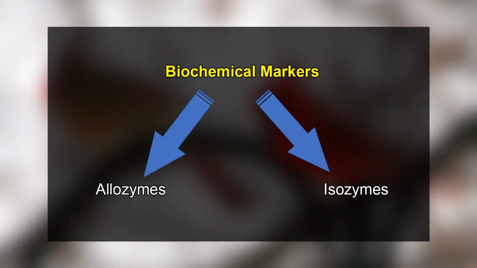Dear students, let's discuss the types of genetic markers. Molecular genetic markers can be divided into two classes. Number one, biochemical markers. The biochemical markers detect the change or variation at the gene level, such as amino acids. Biochemical markers can further be classified as allozymes and isozymes.